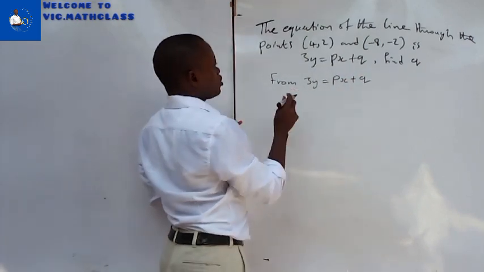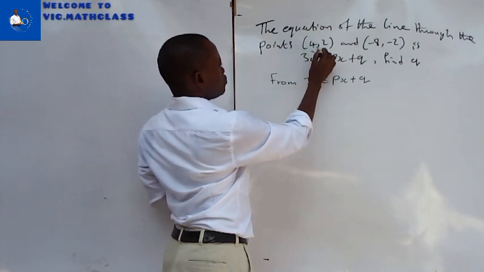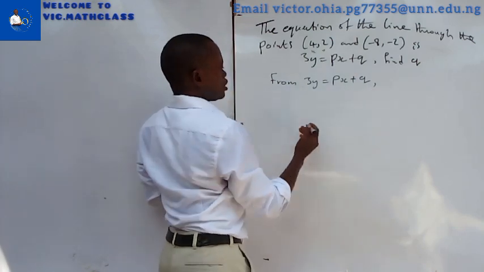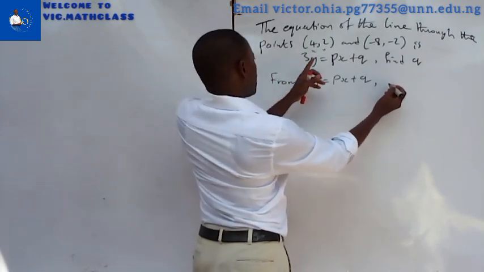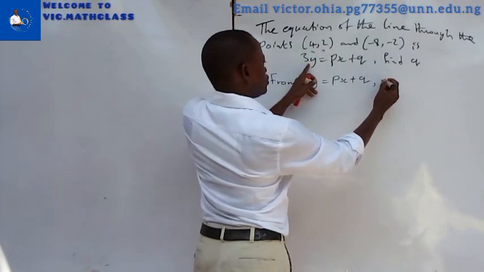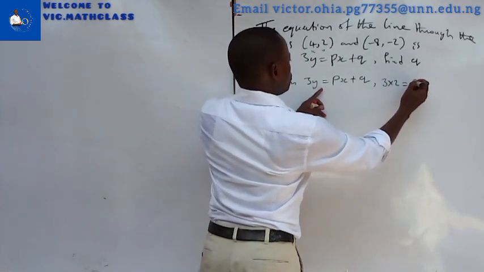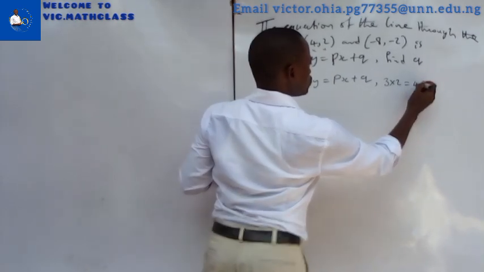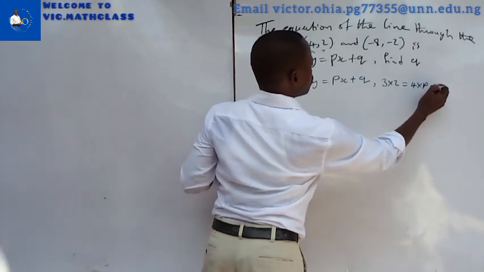Now at this point, this is x and this is y. At this point, y is 2. So I'm going to have, let me put it here so that I can have more space. This will be 3 times 2 equals p, which will now be 4, times p, then plus q.